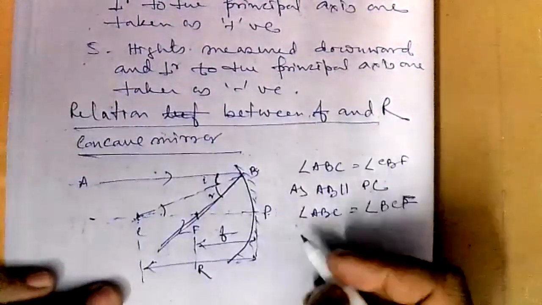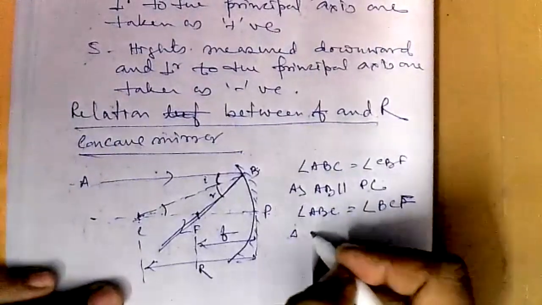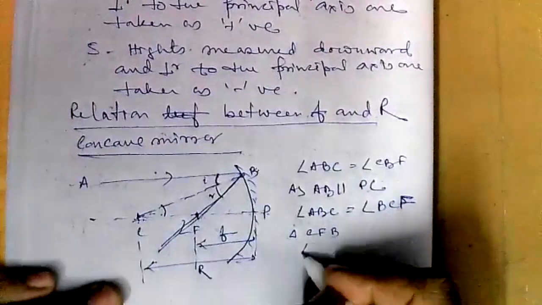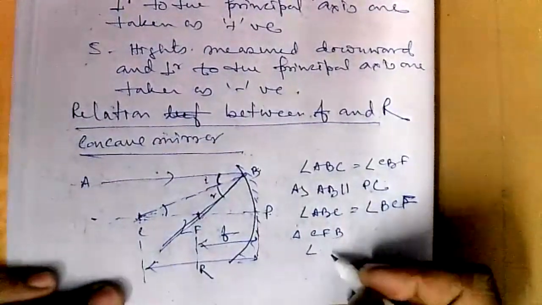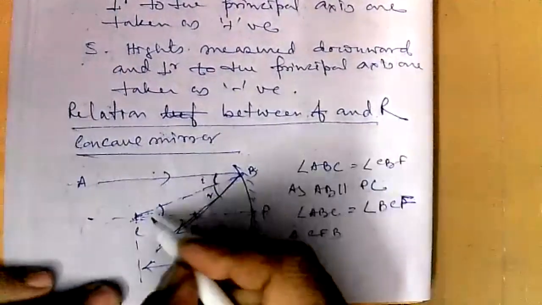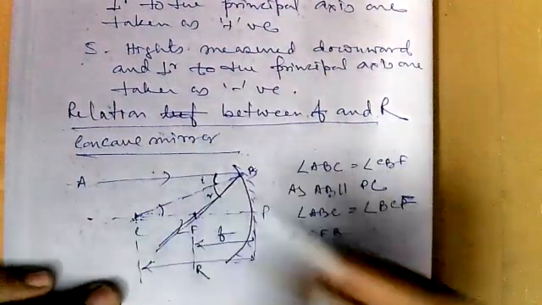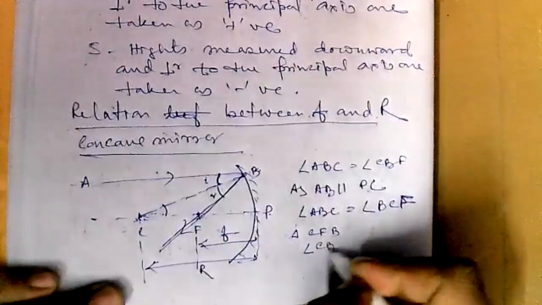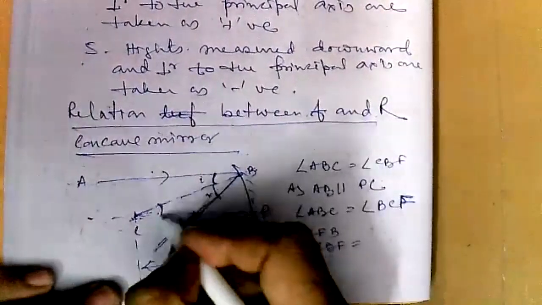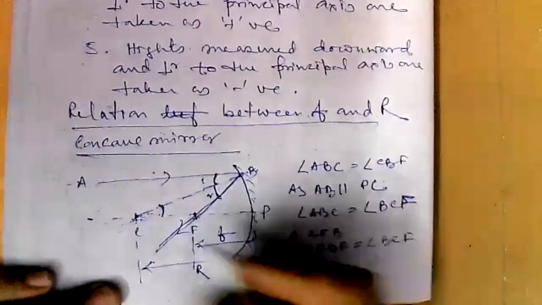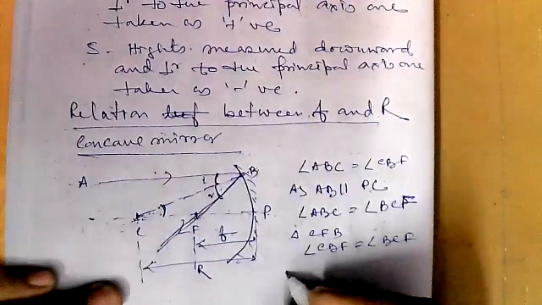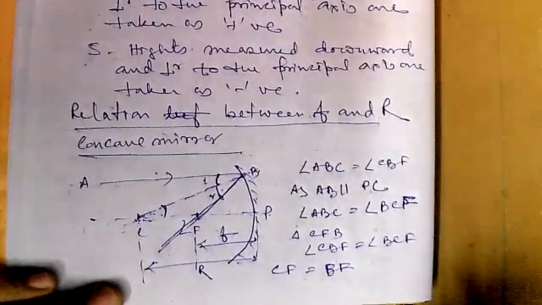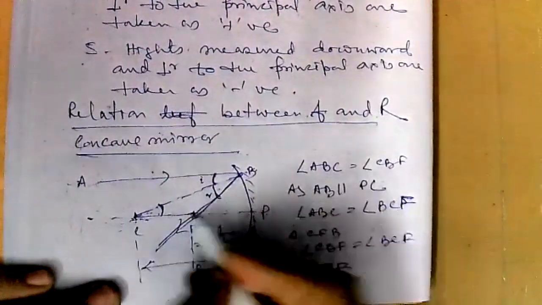So what we got in triangle CFB: angle CBF is equal to angle BCF. So we can write CF is equal to BF.